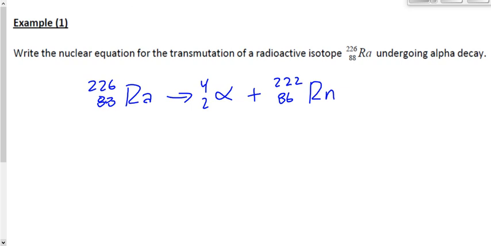That's going to happen a lot, where you have a decay equation that describes the transmutation of one element to the other, and it's still not stable. It could undergo what we call a decay chain, where radium turns into radon turns into something else, that turns into something else as an attempt to become more stable. Always balance the atomic number, always balance the mass number. Good to go. Let's take a look at another example here.